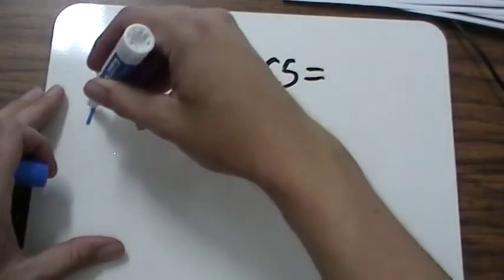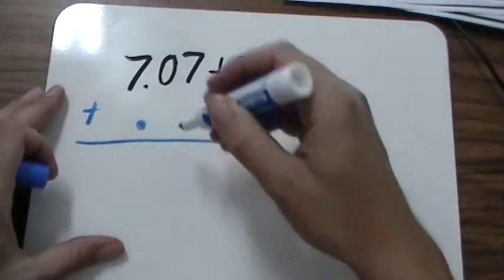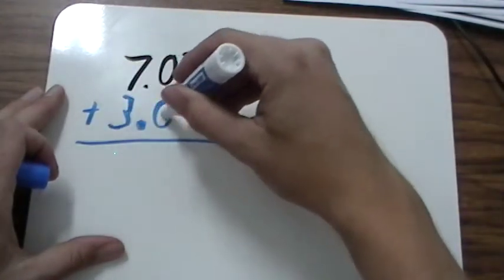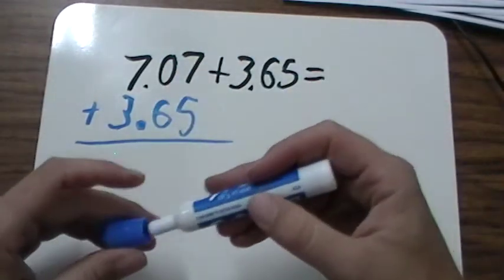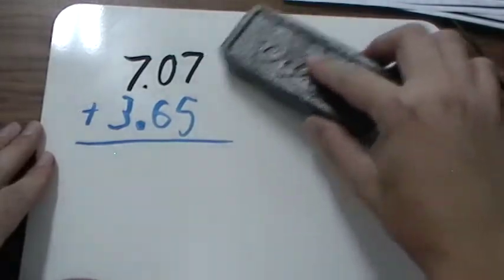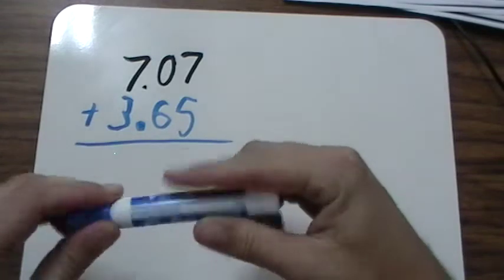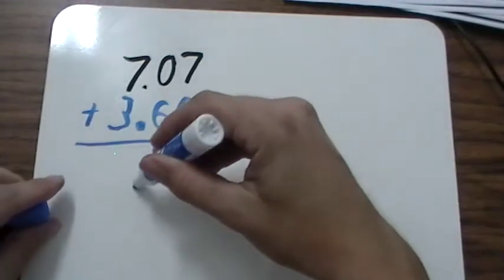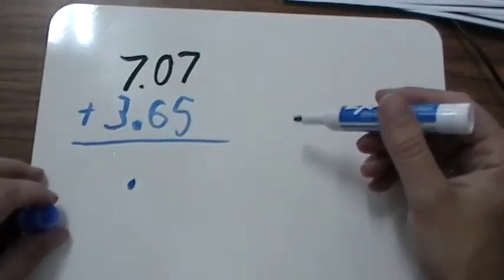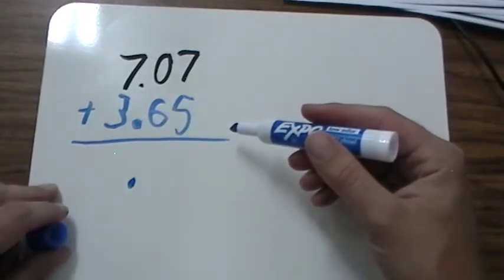So I'm going to put my addition sign, equal bar, decimal point. And now move the $3.65 over there. Now I'm going to bring down the decimal point to my answer. The decimal point is important because $707 is way different than $7.07.